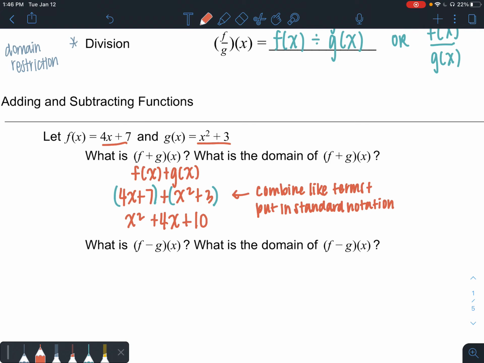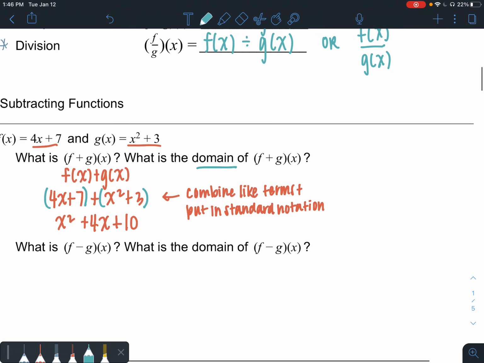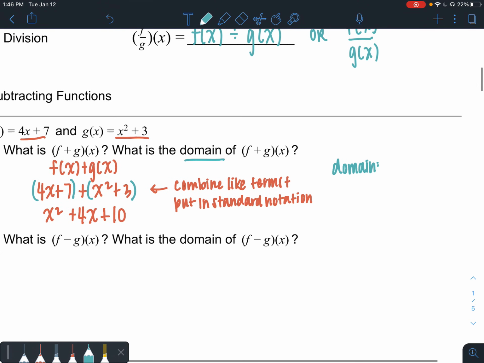Then it asks us, what is the domain? There is nothing that x can't be, so it is all real numbers, or negative infinity to infinity.